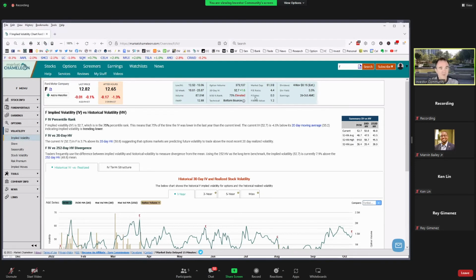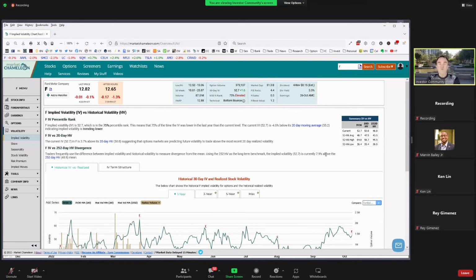But this is important, especially if you want to buy LEAPs, because it's telling us implied volatility is high, and that means that options are expensive. And if you're buying LEAPs, you're buying a lot of time, which means you're buying a lot of expensive time.